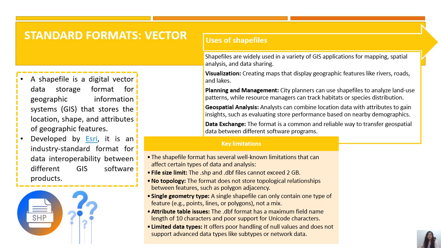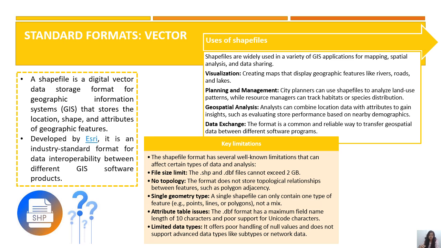The uses are mapping, spatial analysis, and data sharing. It gives visualization by creating maps for displaying generic features like roads, rivers, lakes, and so on. Then planning and management: city planners can use shapefiles to analyze land use patterns.